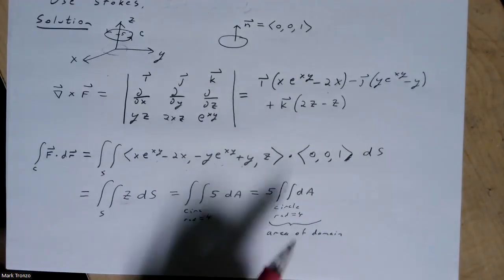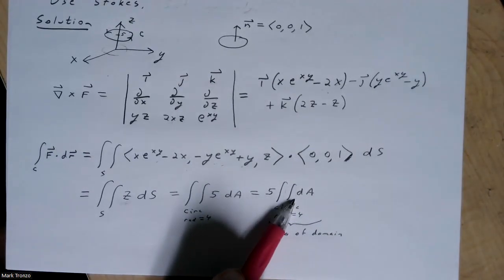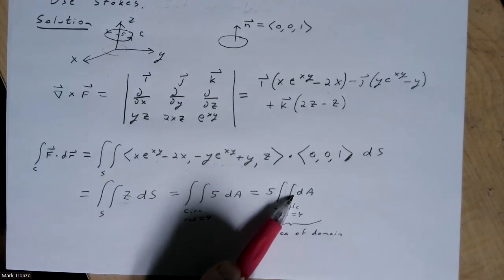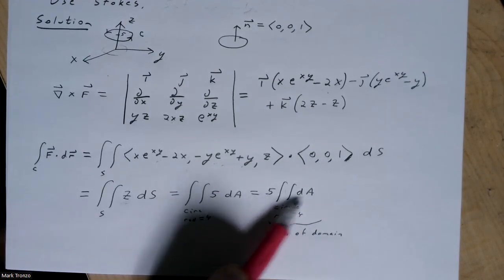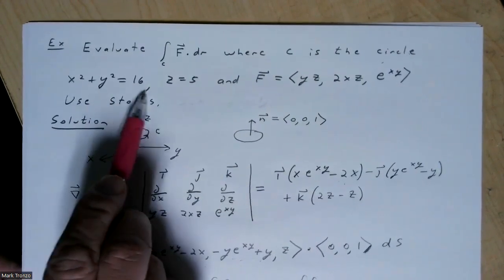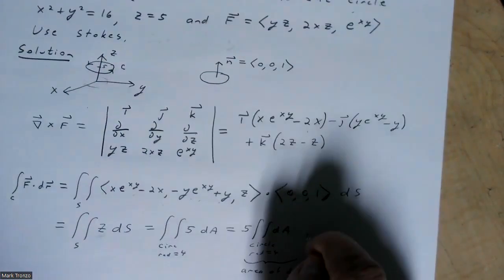Now, you can only do this when you have just dA left. If you had any variables here at all, you couldn't do that. But if you get down to this point, you have a double integral that's just the area of your domain. And in this case, it's a circle of radius 4.